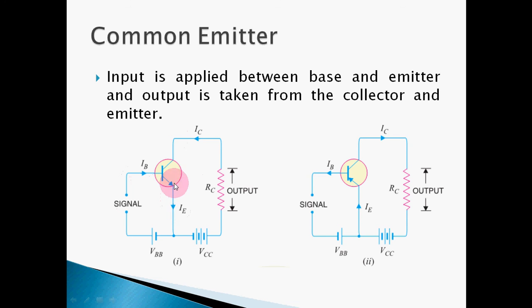So the emitter is common for both cases, that's why it is called the common emitter configuration or common emitter connection. Similar to the previous connection, the base emitter junction is in forward bias and the collector emitter junction is in reverse bias connection.